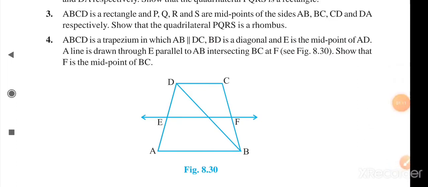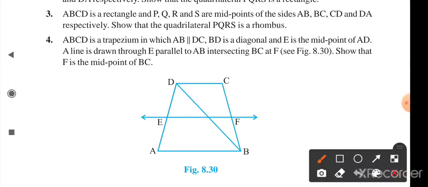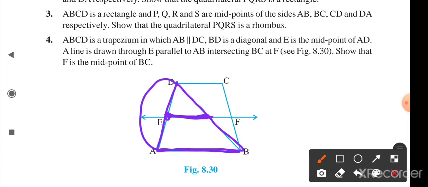First, if you see the triangle DAB, you can see that E is the midpoint of DA and this line is parallel to this. In the midpoint theorem, two points are the midpoints of the sides and the line will be parallel to the third side.